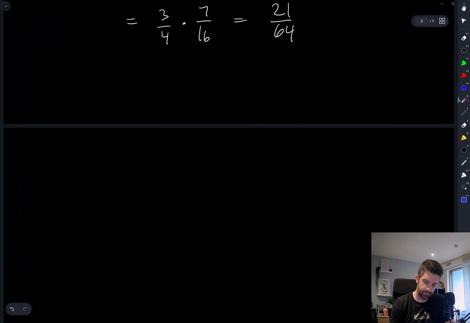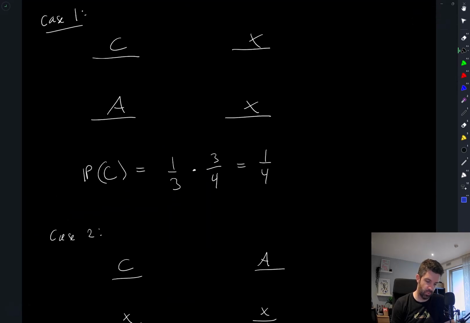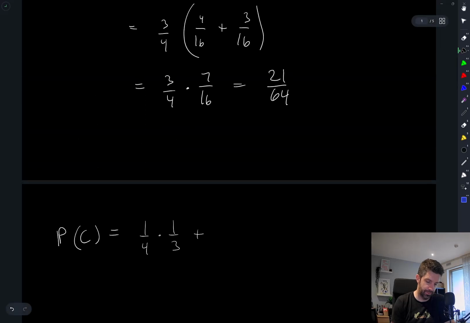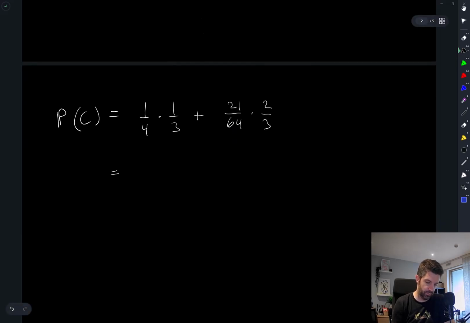So I should have 1/4 times a third, plus 21/64 times 2/3. I'm overloading notation here, unfortunately, using the same symbol for different things. So I've got 1/12 plus 42/192.